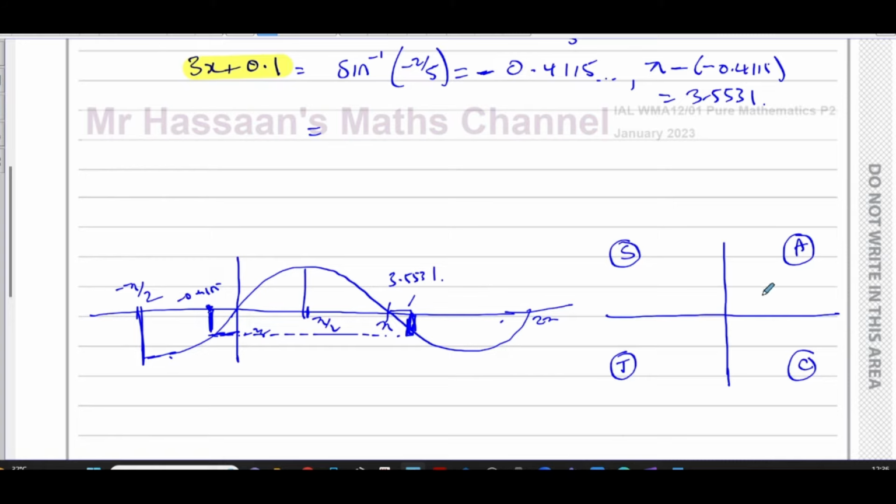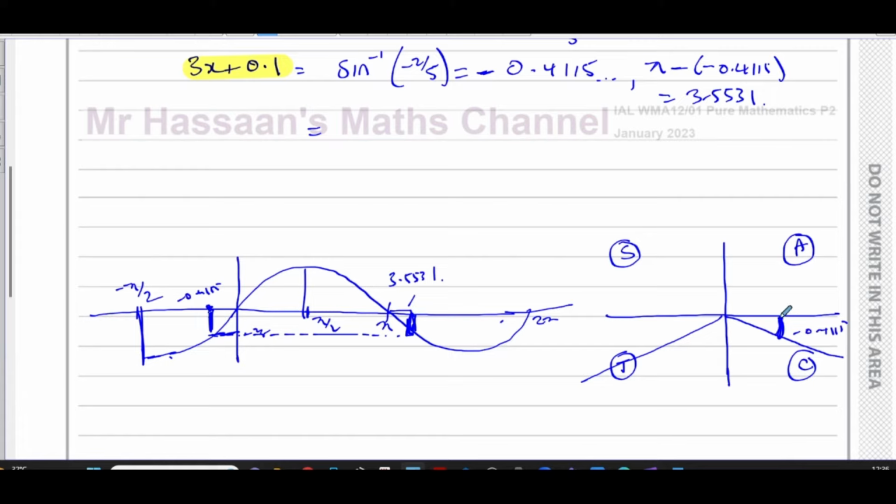The angle that we found first from the calculator was the angle over here, because it's where the sine is negative. So it's not in these two quadrants, it's going to be over here. That's your negative 0.4115 from the calculator. And this other angle is the other place where the sine curve is negative, which is over here.